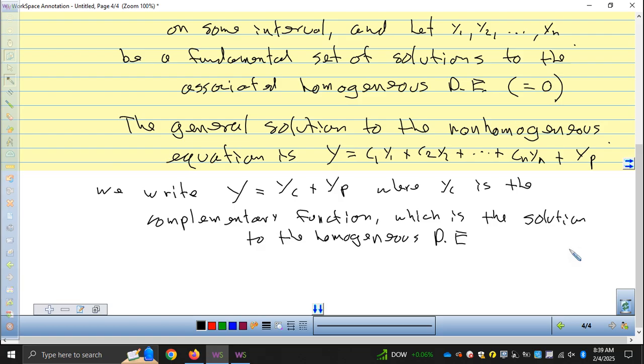So solving a non-homogeneous differential equation always involves solving a homogeneous differential equation first.